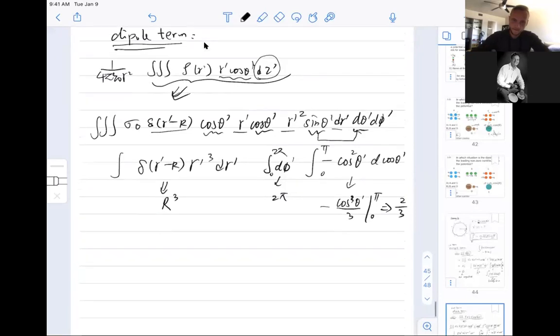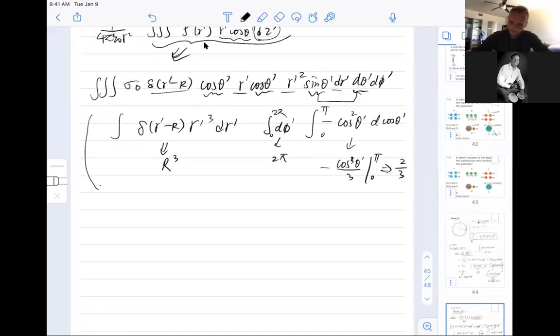So putting everything together is going to be r cubed sigma naught 2 pi 2/3, and that is 4 pi sigma naught r cubed over 3.